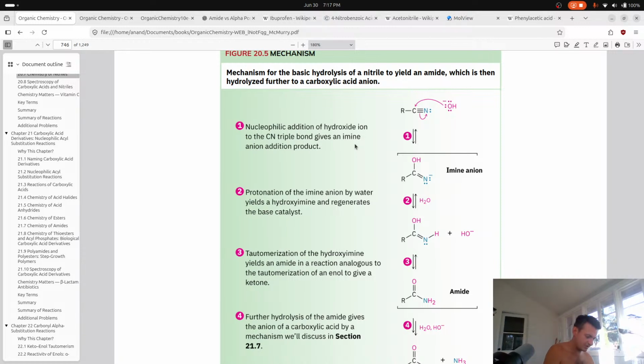All right, let's draw it. Let's do it. So this is the base catalyzed or basic hydrolysis of nitrile.